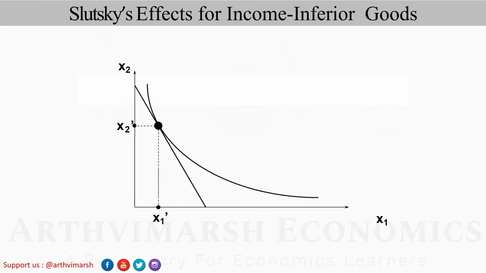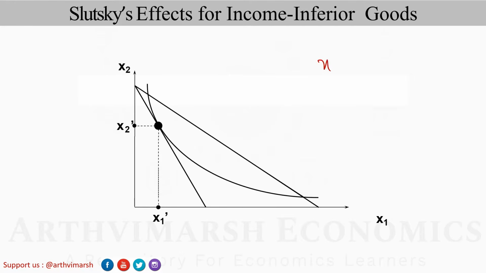Now let us see it graphically how it happens. This is our initial setup. Let us say this is our LA budget line and this is our optimal point P, with a combination of X1* and X2*. Now the new budget line has rotated outwards because X1's price has gone down.